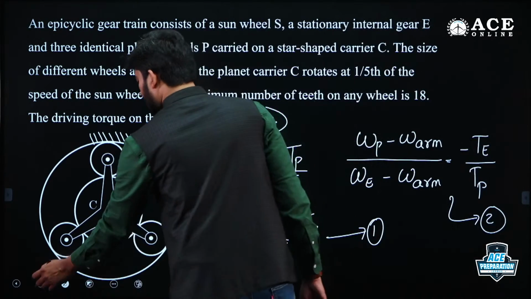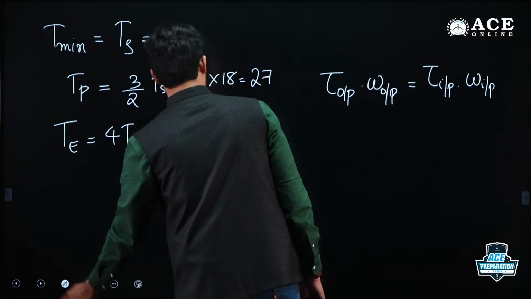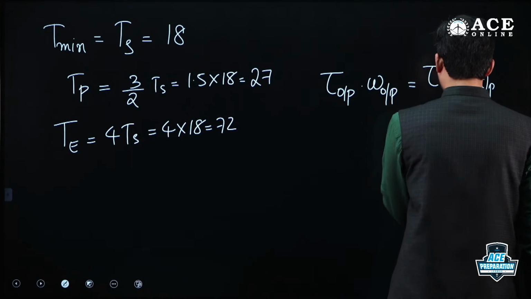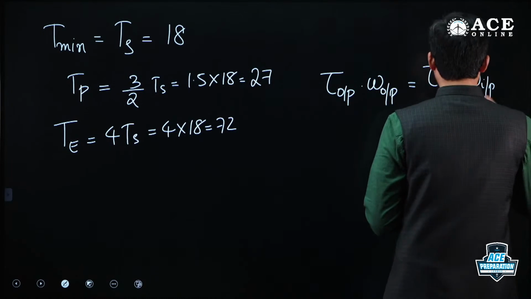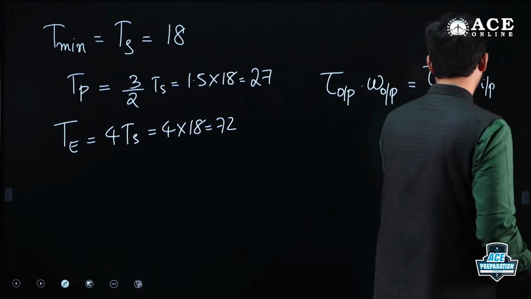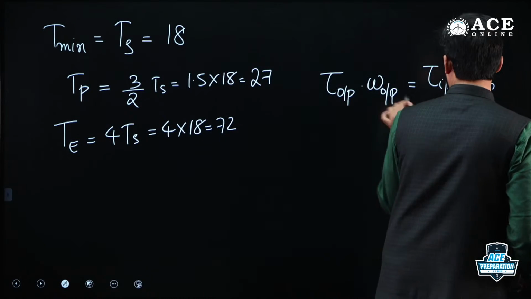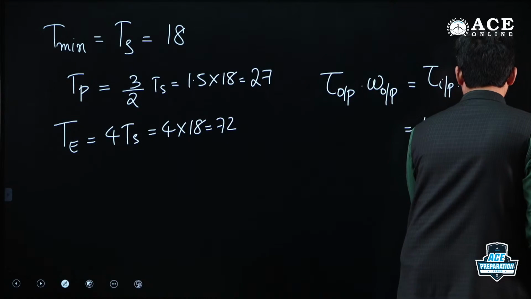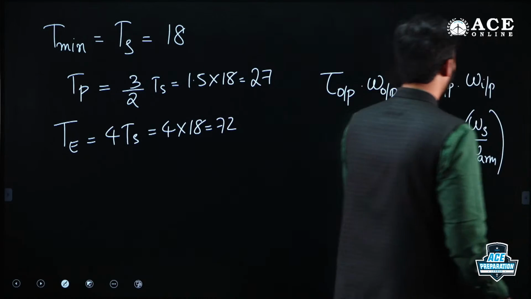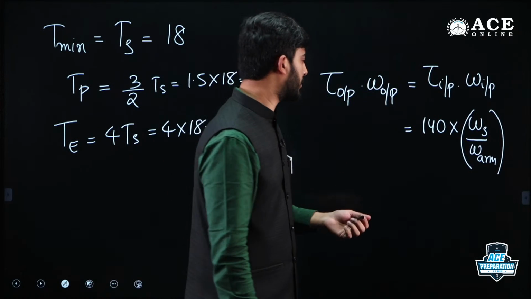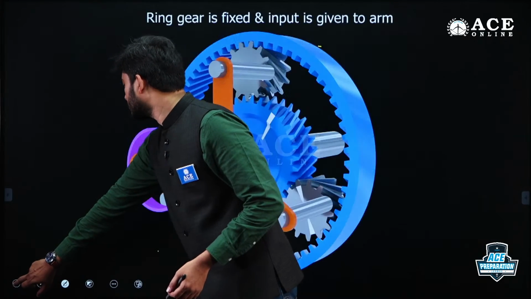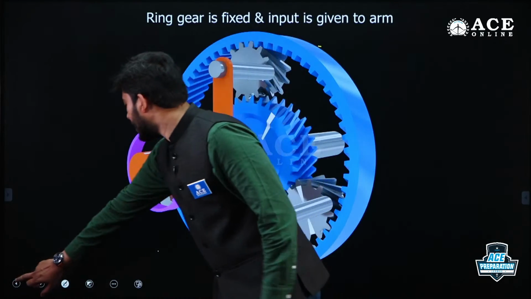So T input is equal to 140, and omega input is the sun, omega sun, divided by omega output, which is omega arm. What is this ratio? We have just done that ratio, guys.